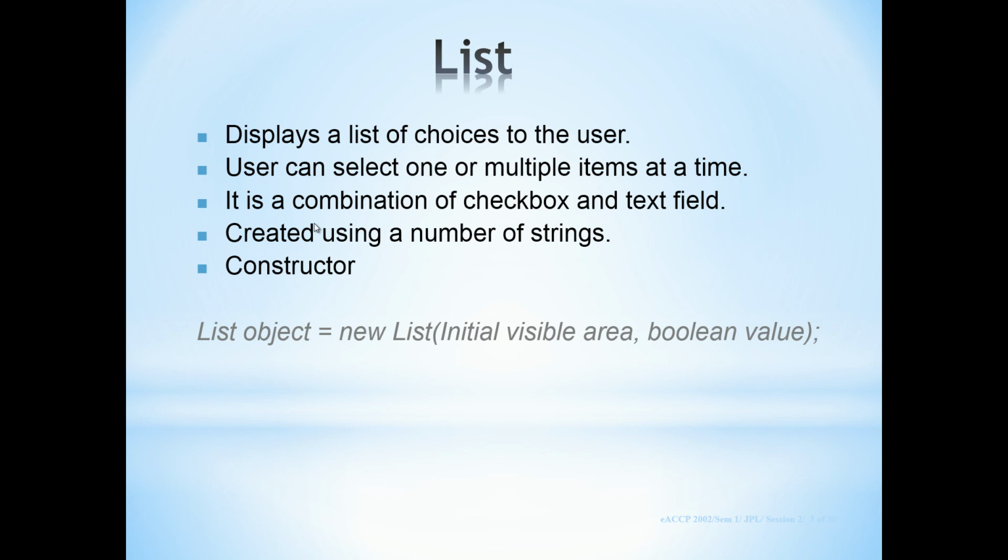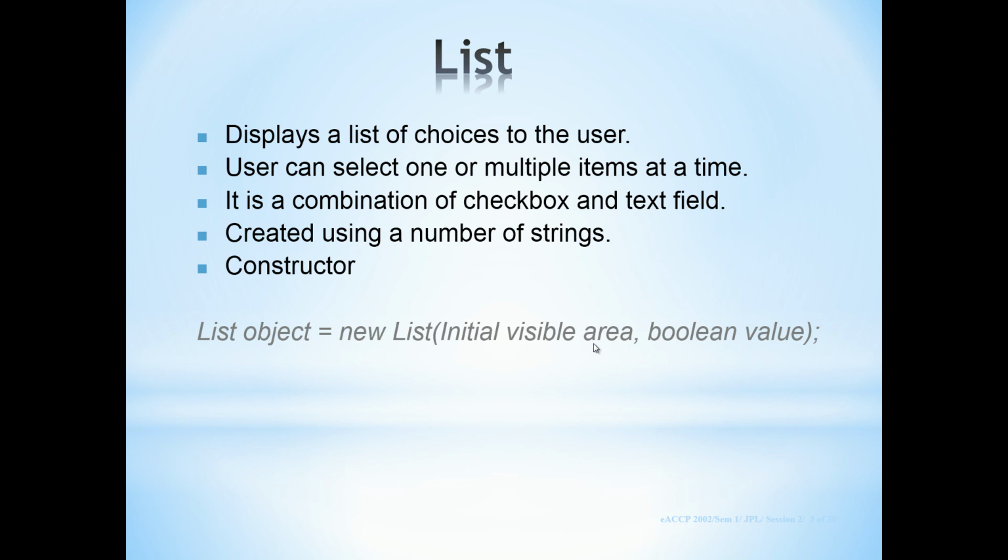You can simply create a list object by using the following constructor: list object is equal to new list. Here is the initial visible area. If you have a hundred items in the list box and the visible area is 10, then only 10 items are initially visible.